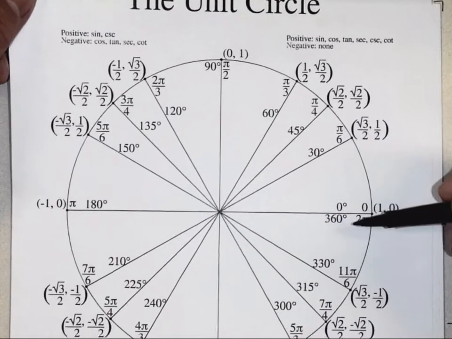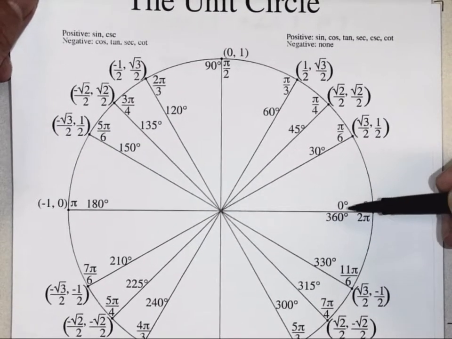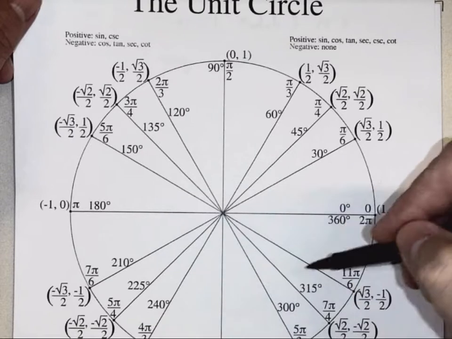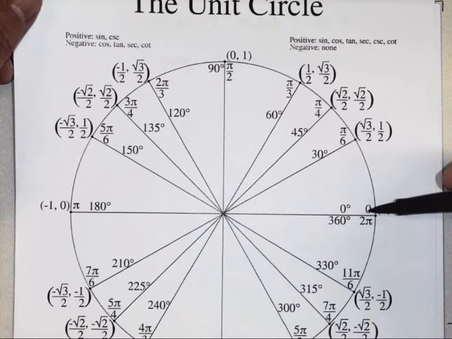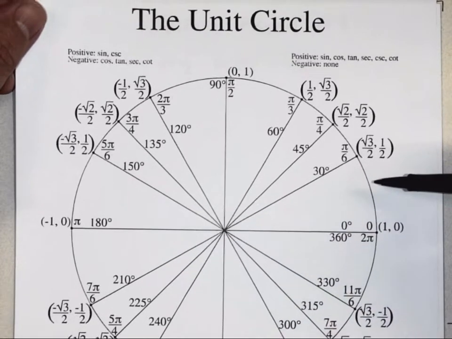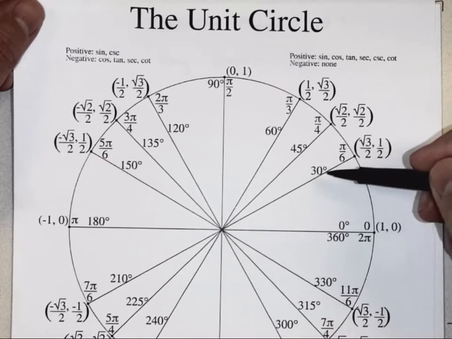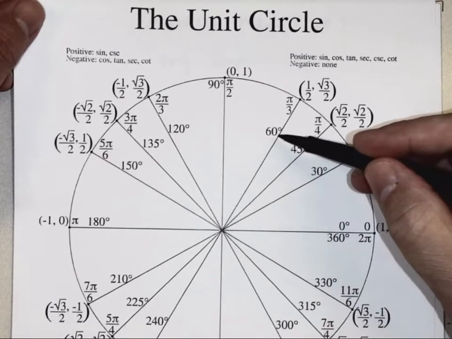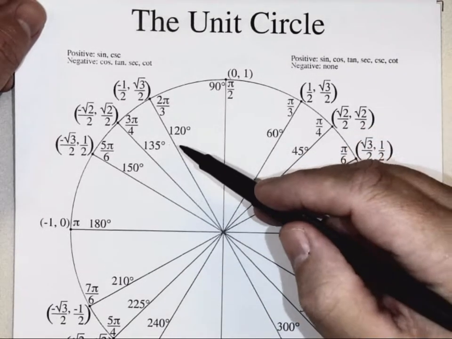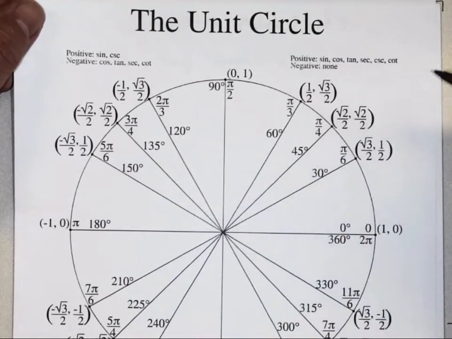In other words, this chart goes from 0 degrees all the way to 360 degrees, or in radians, 0 to 2 pi. And the special angles are the 30, 45, and 60. And then you keep moving that same distance all the way around.